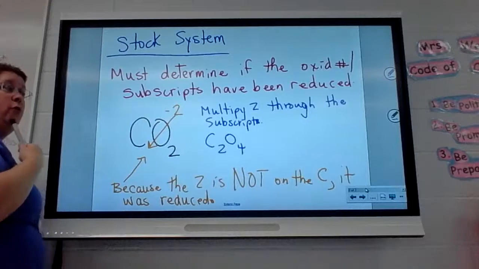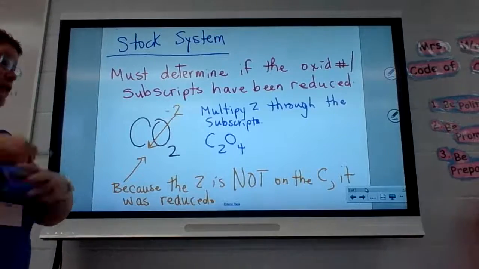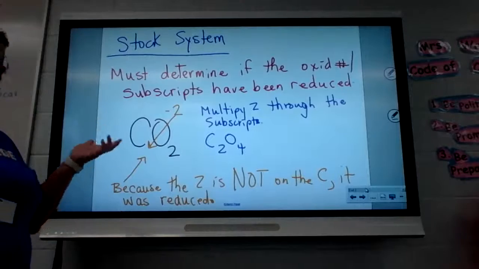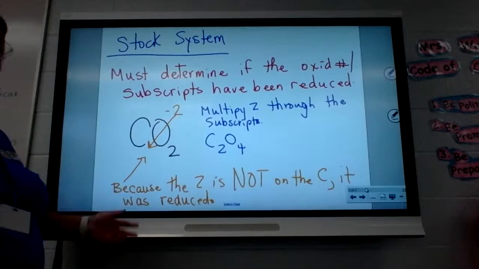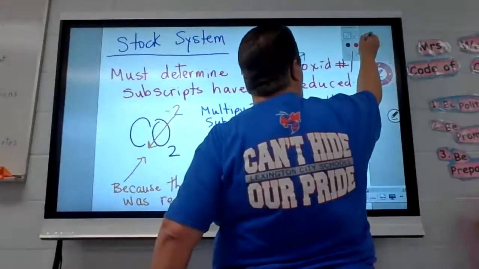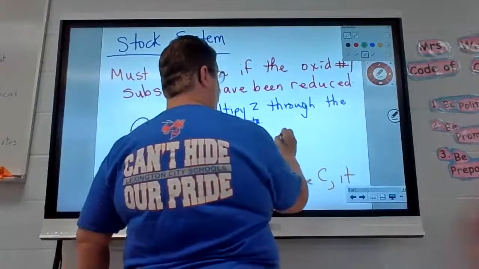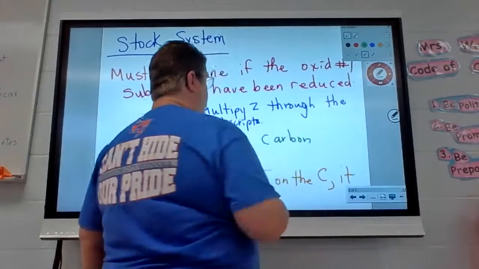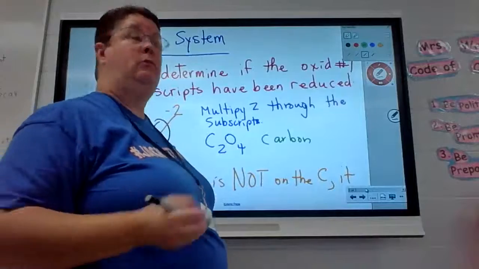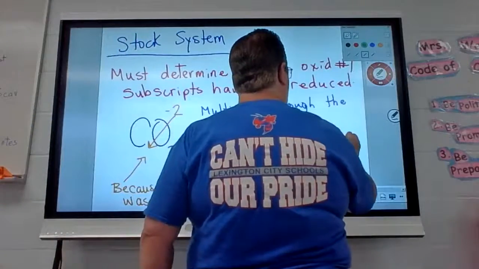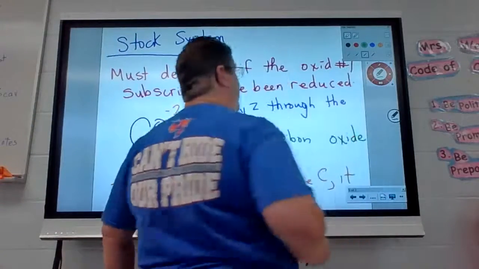So, now I write the formula the way you've always written the formula. What's the name of the first element? So we write carbon. What's the name of O? We write oxide. I'll tell you a secret.